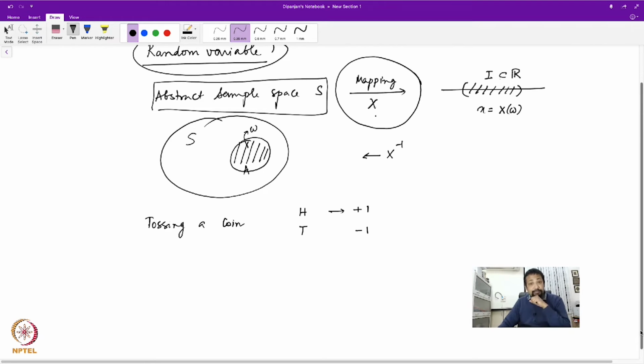So having defined this mapping, one is left with defining the probability.